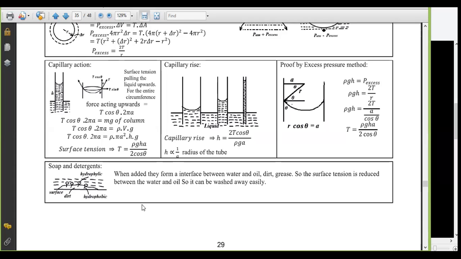Hydrophilic means liking, right? So liking the hydro, meaning liquid or water. Phobic means hating, it doesn't like it. Phobia means you hate something. Philic means it likes it.